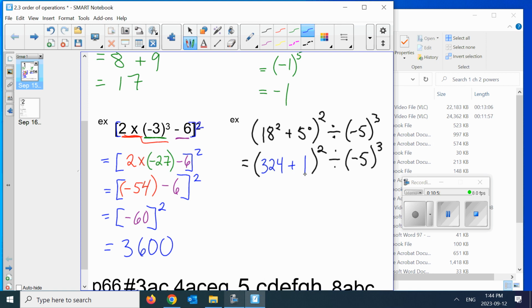So I kind of started it out to show you how I want you to do it. Now, I'm going to rewrite it, but I think that most of you can do this part in your head and then skip to the next step.